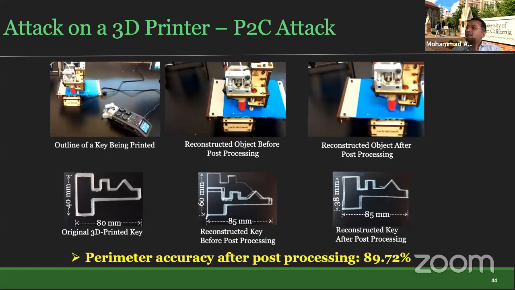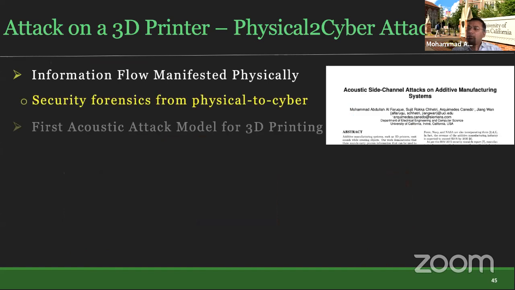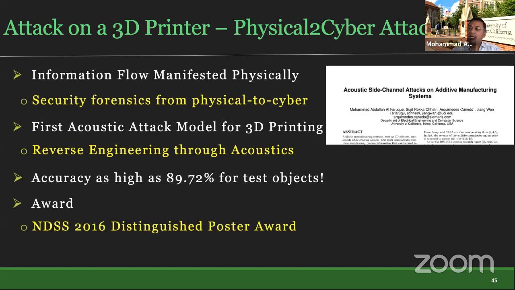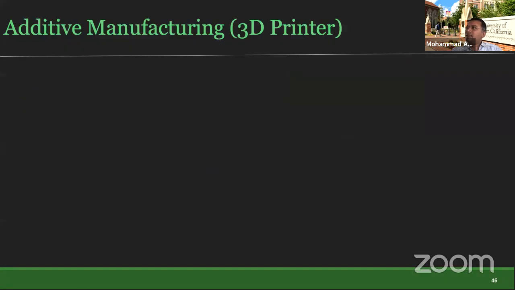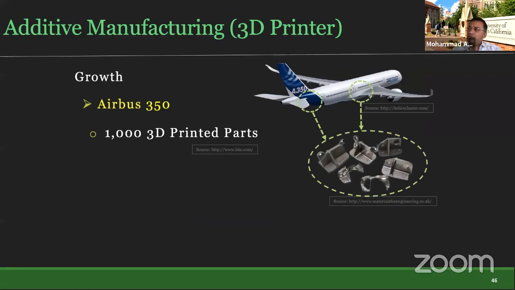So you can ask why such things are important, am I right? Definitely, that's why it gained so much popularity. It was in fact published in 67 newspapers in different languages all over the world. There is a reason for that. Additive manufacturing, especially the application that we had been working on, is a very important application.